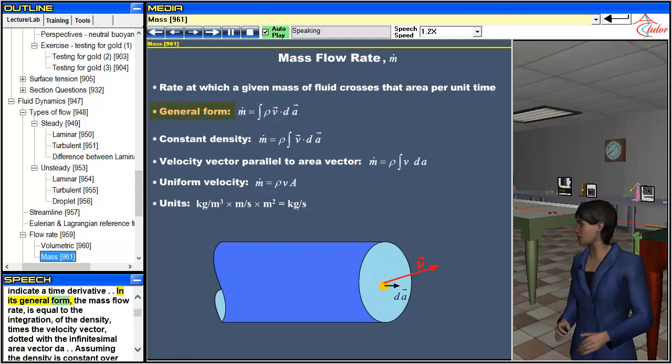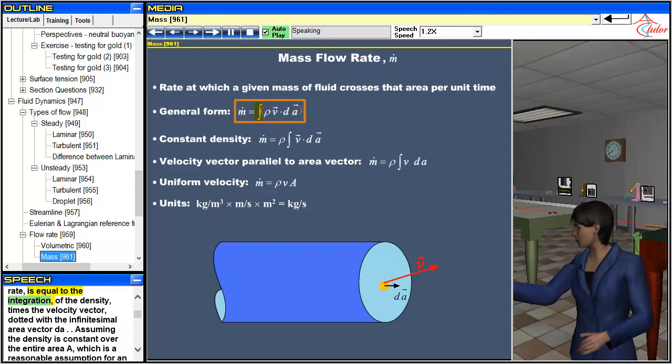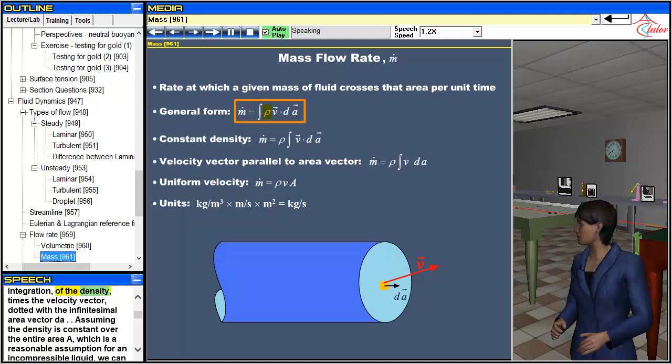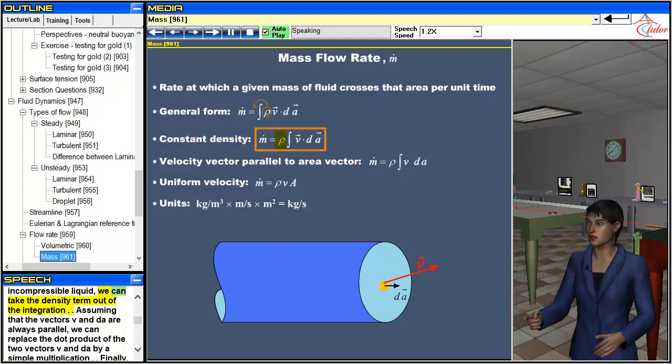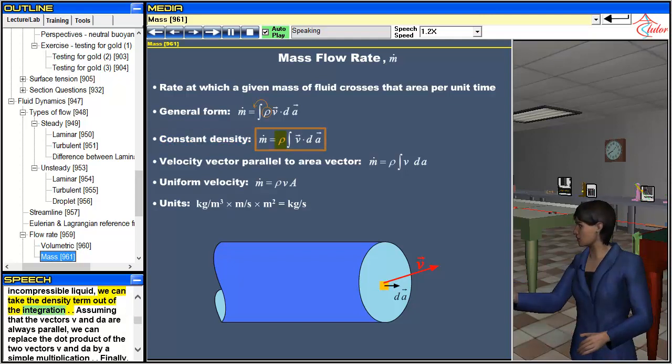In its general form, the mass flow rate is equal to the integration of the density times the velocity vector, dotted with the infinitesimal area vector dA. Assuming the density is constant over the entire area A, which is a reasonable assumption for an incompressible liquid, we can take the density term out of the integration.